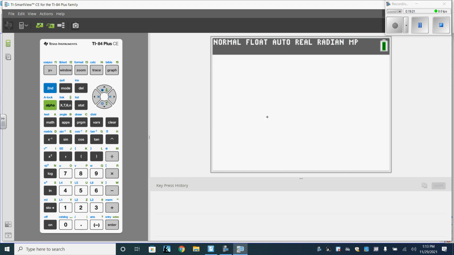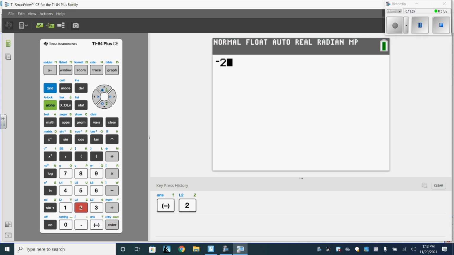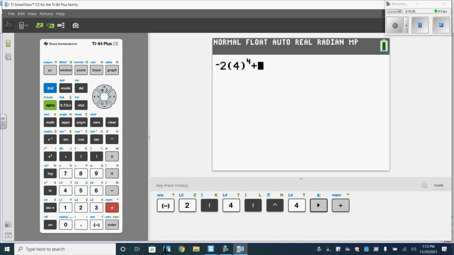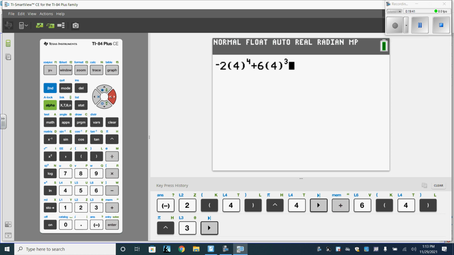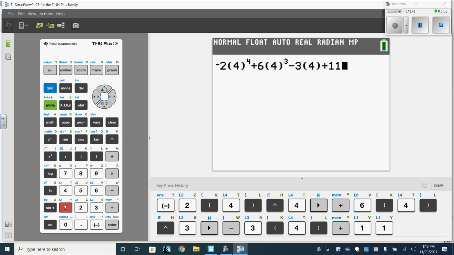I'm going to use the calculator for this one here. Now, the way that we can plug this in is go over here and type negative 2 parentheses 4 close parentheses to the 4th plus 6 times 4 to the 3rd minus 3 times 4 plus 11.